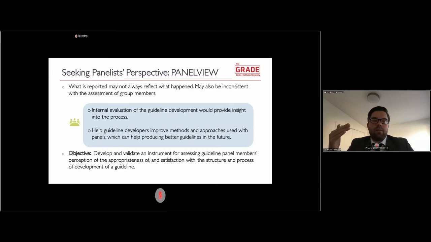And this may help guideline developers improve their methods and approaches that they use with the panels in future guidelines. Our objective for this research was to develop and validate an instrument to assess guideline panel members' perception of the appropriateness of the process and their satisfaction with the process of the guideline development.